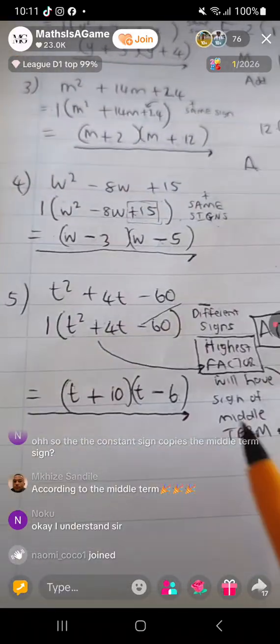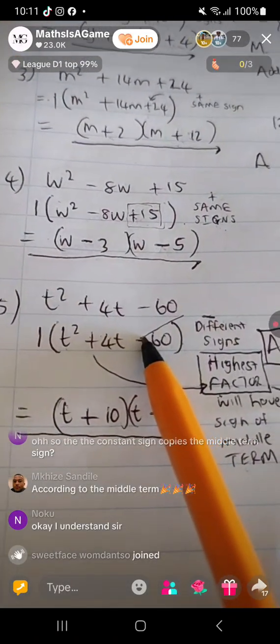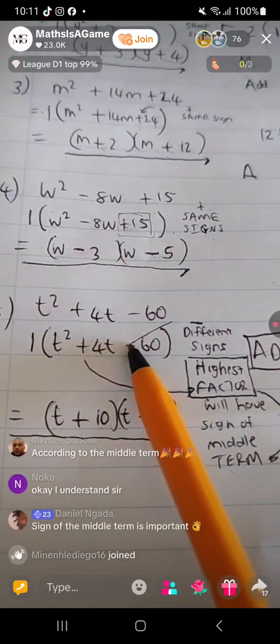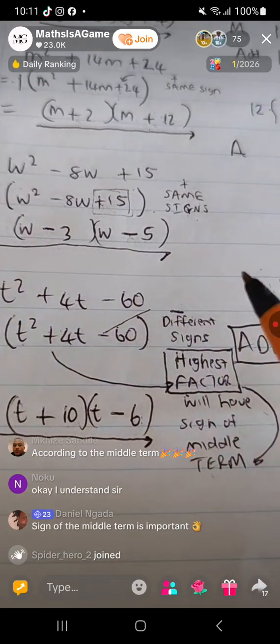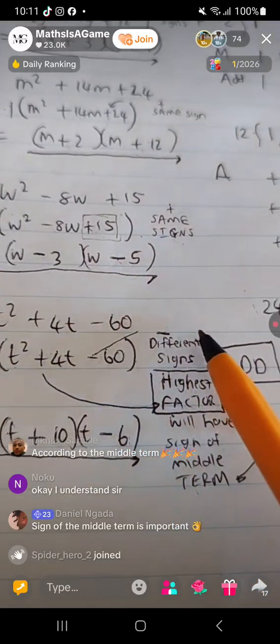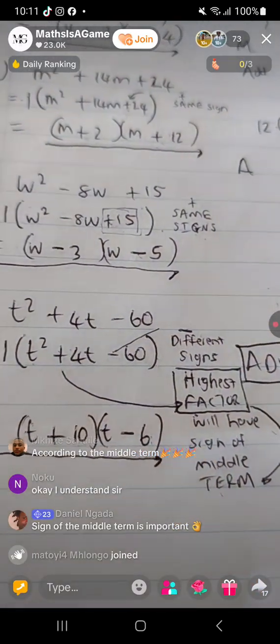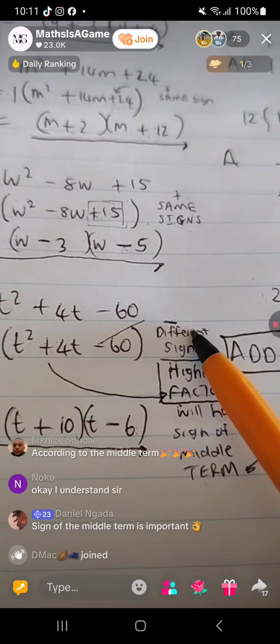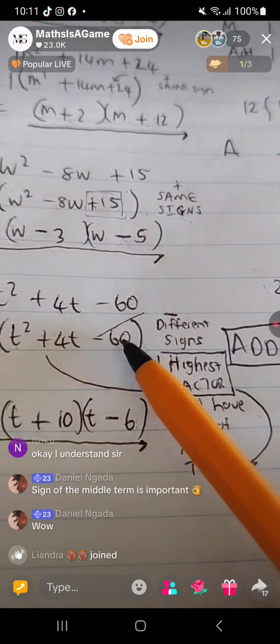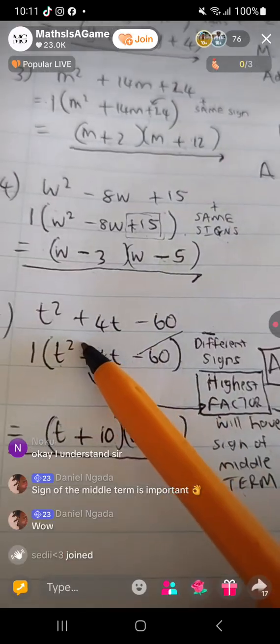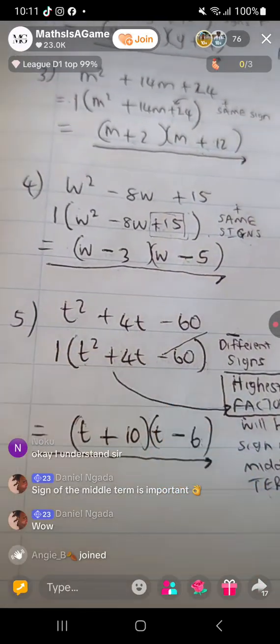But the minute you have a negative, remember, negative doesn't mean same signs. Negative means different signs, and then the rule is different here. Different signs, but then we say that the highest factor of 60 will have the sign of the middle term.